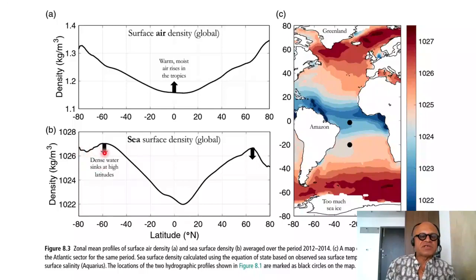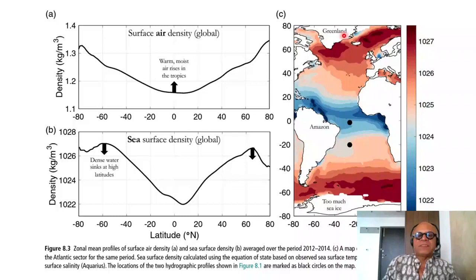So dense water sinks at high latitudes, and then seawater density drops, and under the ITCZ to the north of the equator you get the lightest waters, which we are seeing here, and then density increases towards the high latitudes, and again at this latitude here we are getting the highest density where the North Atlantic deep water forms, and then you have again decreasing density towards the north.